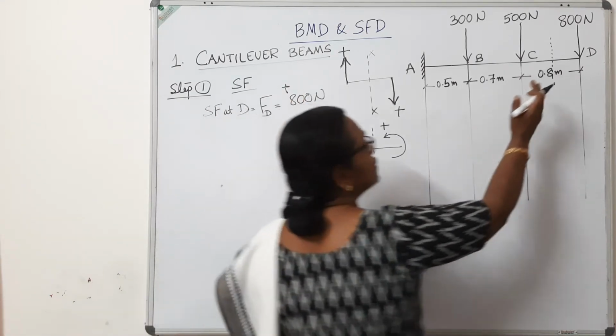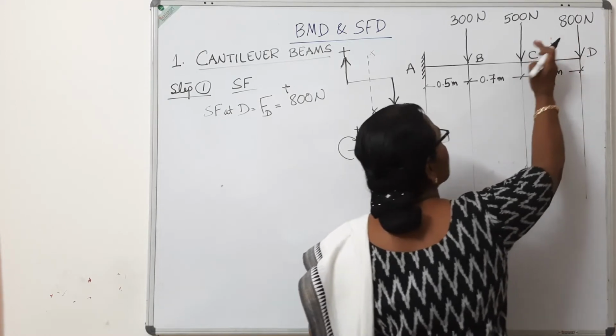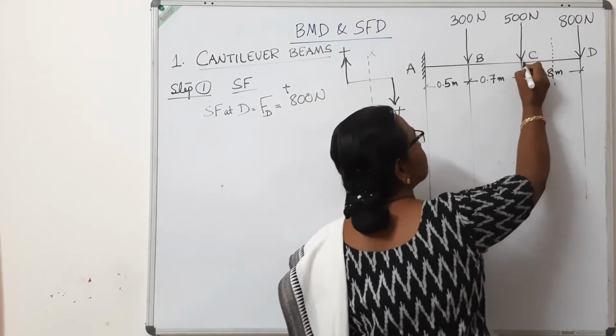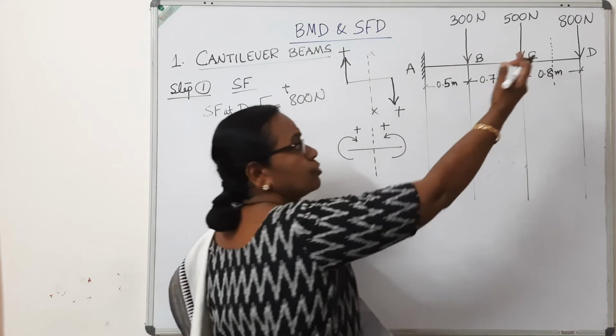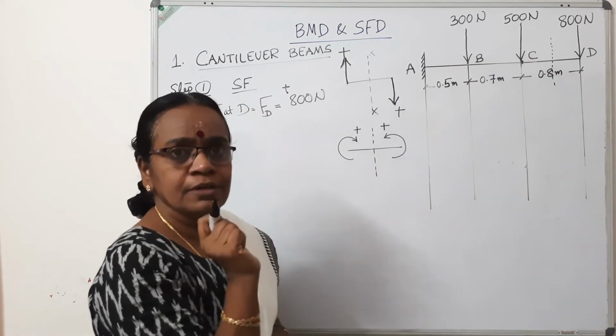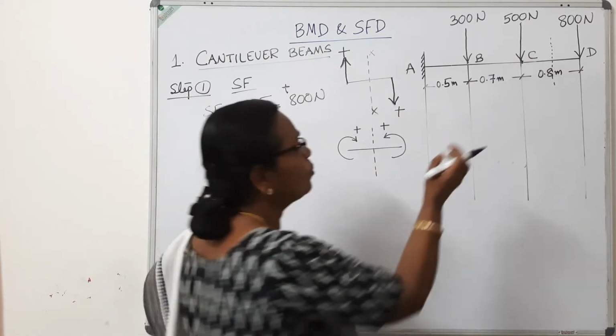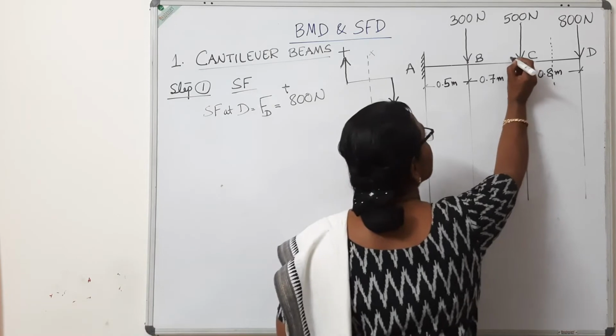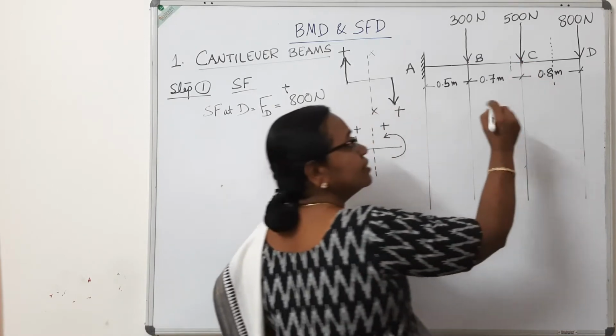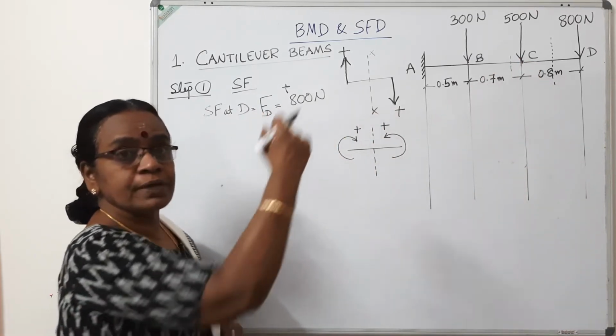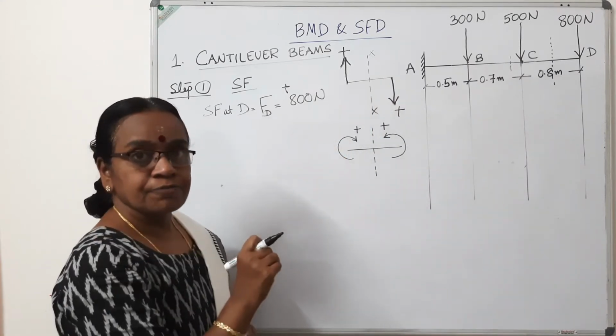Now, if the section is moved up to just to the right of C, if you consider, there is only one force, 800 Newton. But when you move just to the left of C, if you take a section here, what will be the total force? It will be 800 plus 500.